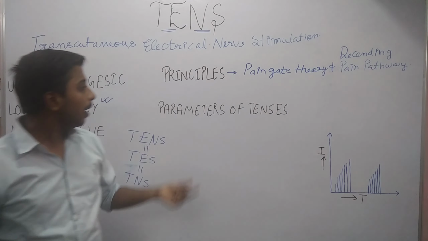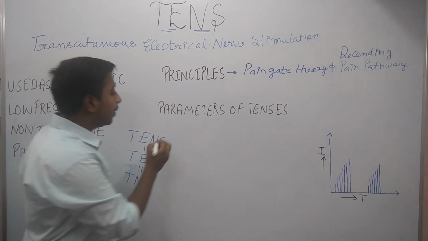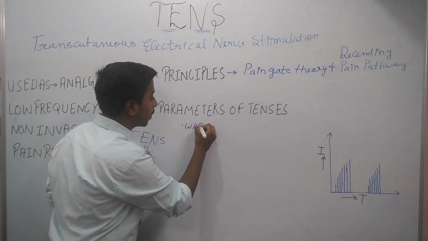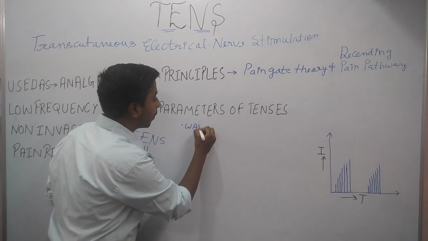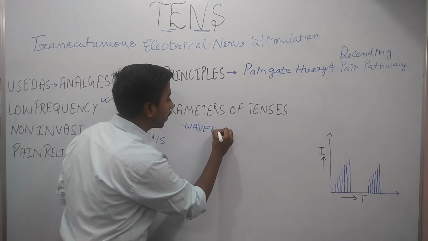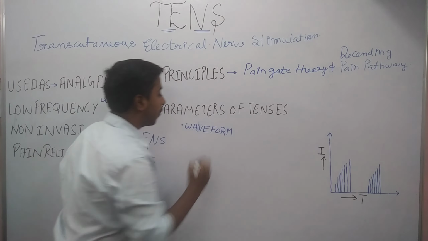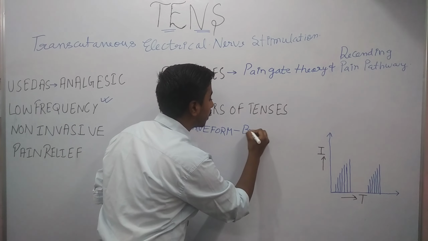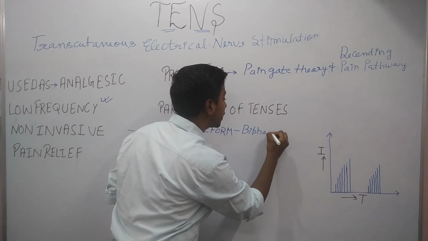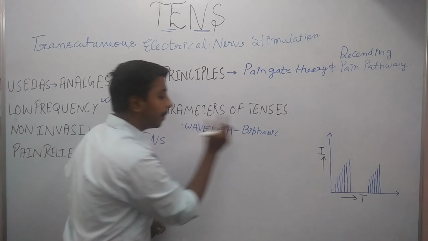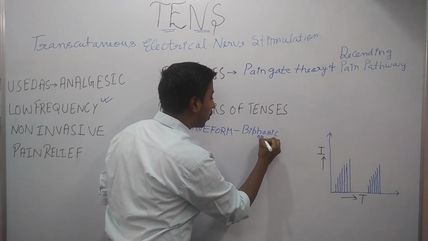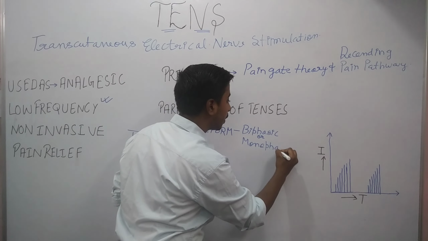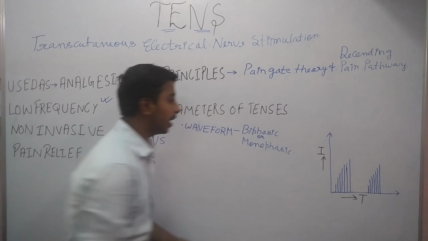Then come the parameters of TENS. The first is waveform. Usually the waveform is biphasic. Mostly biphasic is used, or it can also be monophasic, which have different shapes.